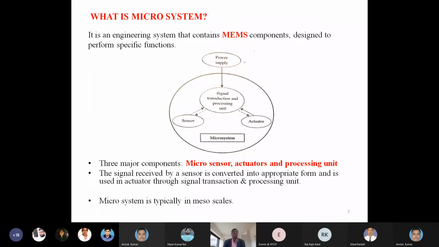Now, what are microsystems? Whenever we talk about a mechatronic system, nowadays it is scaled down to a micro level, because we want very miniature components. The miniaturization of the system becomes very popular due to compactness. We want to manufacture the product as small as possible, like mobiles, which have a large number of options provided in them.